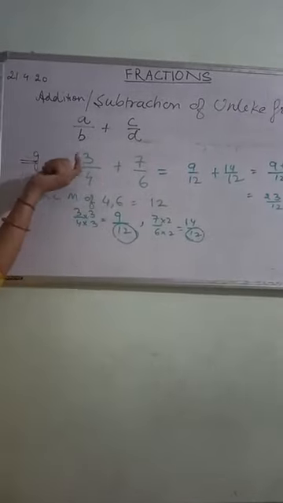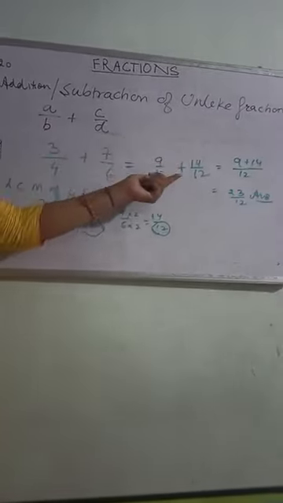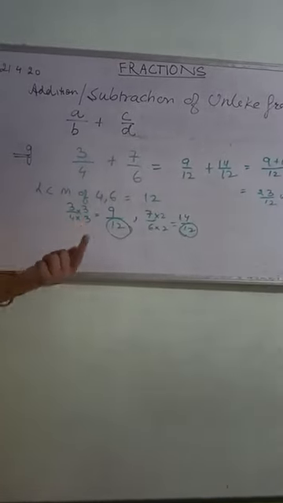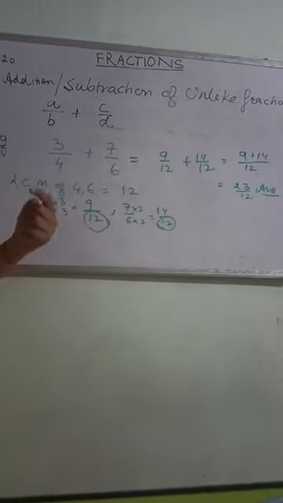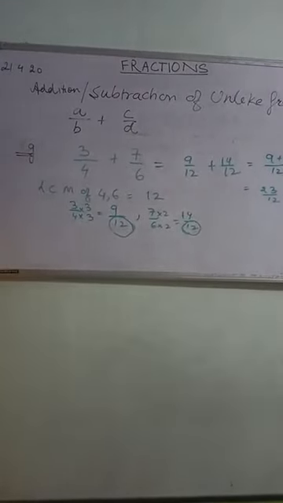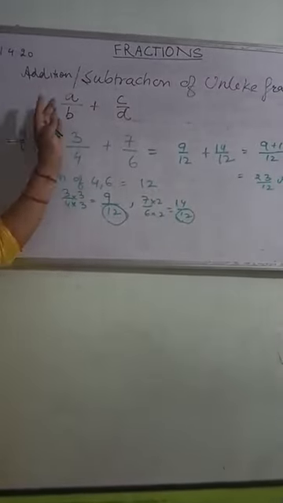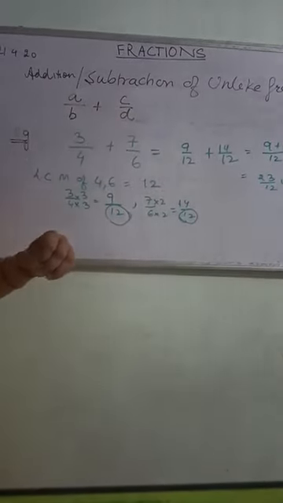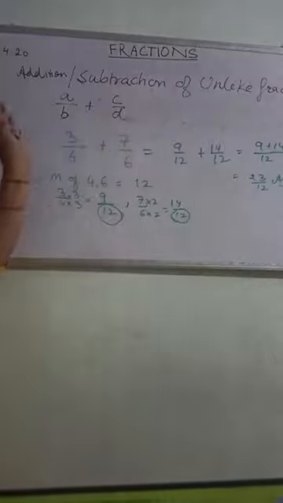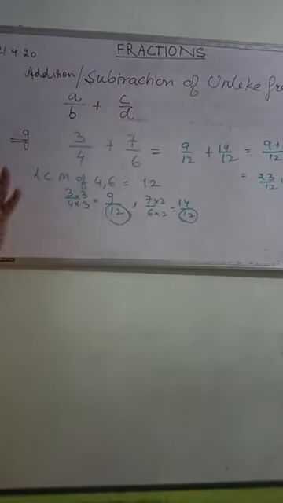Then instead of writing 3 by 4, I can write 9 by 12, and instead of 7 by 6, 14 by 12. Children, you can follow the same procedure for addition of 3 fractions, 4 fractions, or as many fractions as there are. If there are 3 terms, you take the LCM of 3 terms. If there are 10 terms, you take the LCM of 10 terms, and so on. The procedure remains the same.